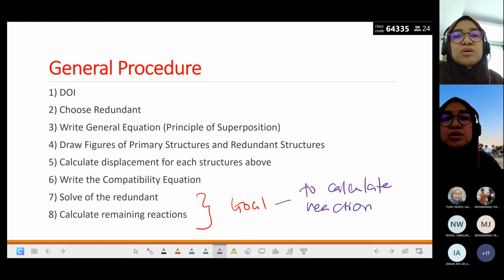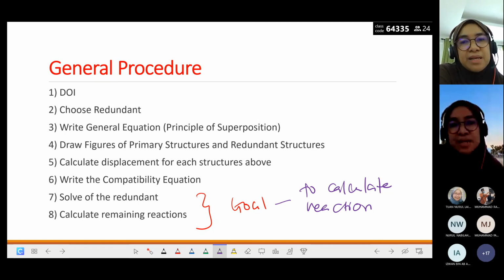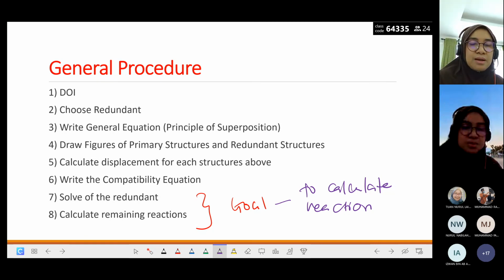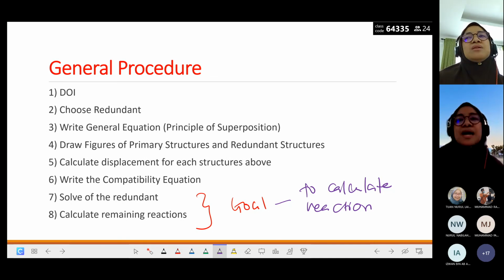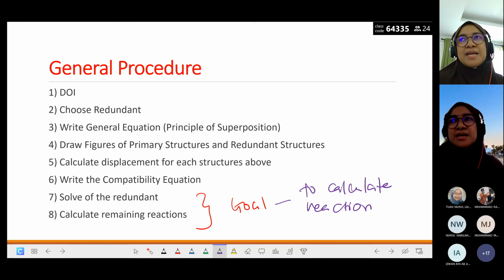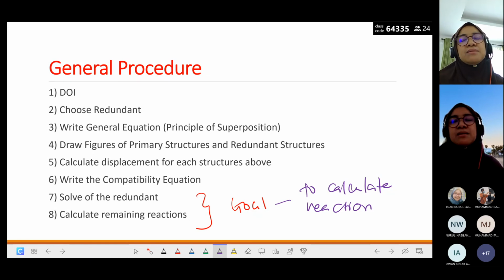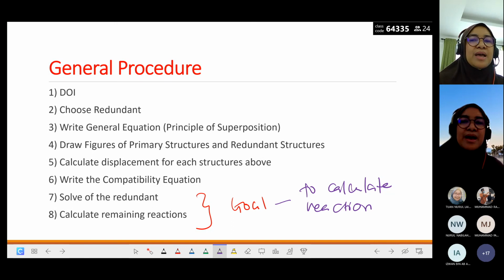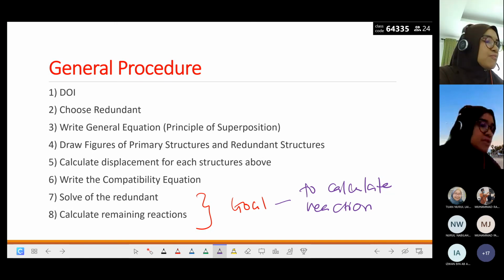We use flexibility method to calculate reaction whenever we cannot calculate using equilibrium equation due to the number of unknown reactions exceeding 3. That means we have to go for the aim first.